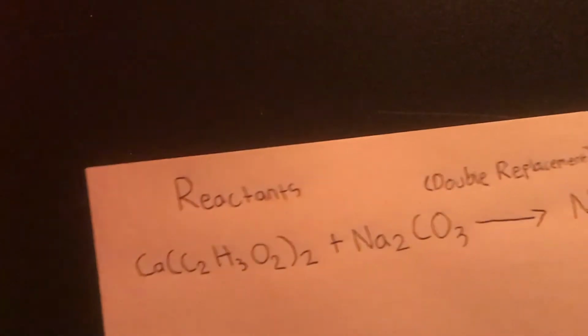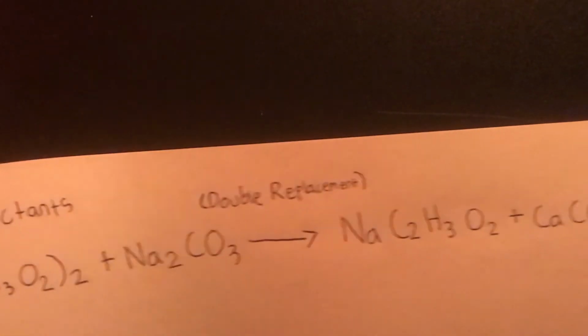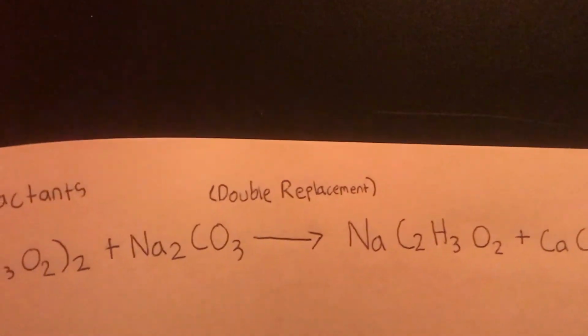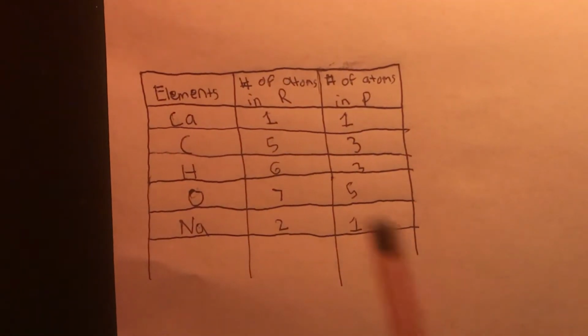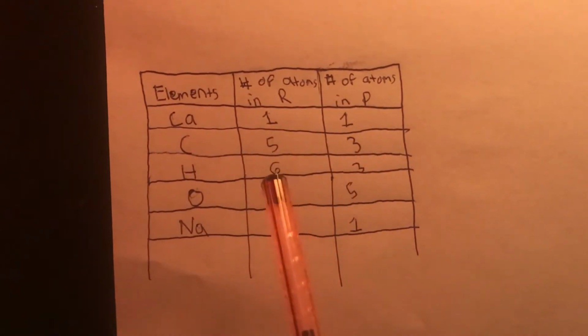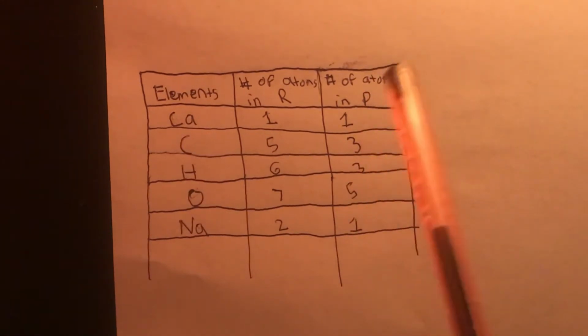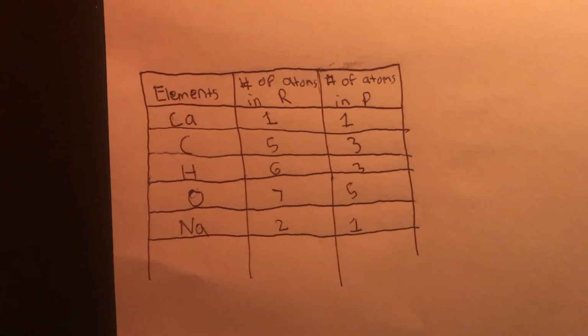Now, first we notice that this is not a balanced chemical equation. To balance it, we have to identify all of the elements, record how many atoms are in the reactant column of the element, and how many atoms are in the product column of that element.